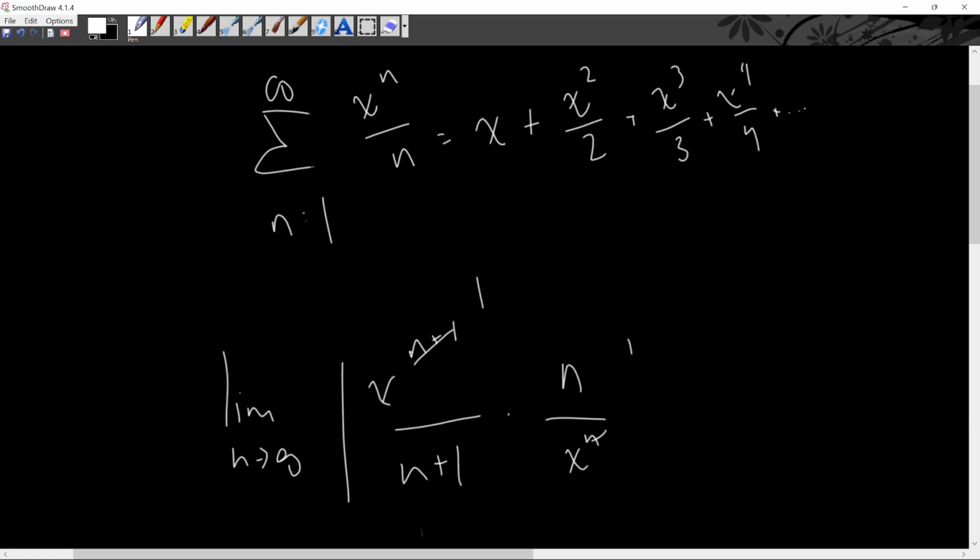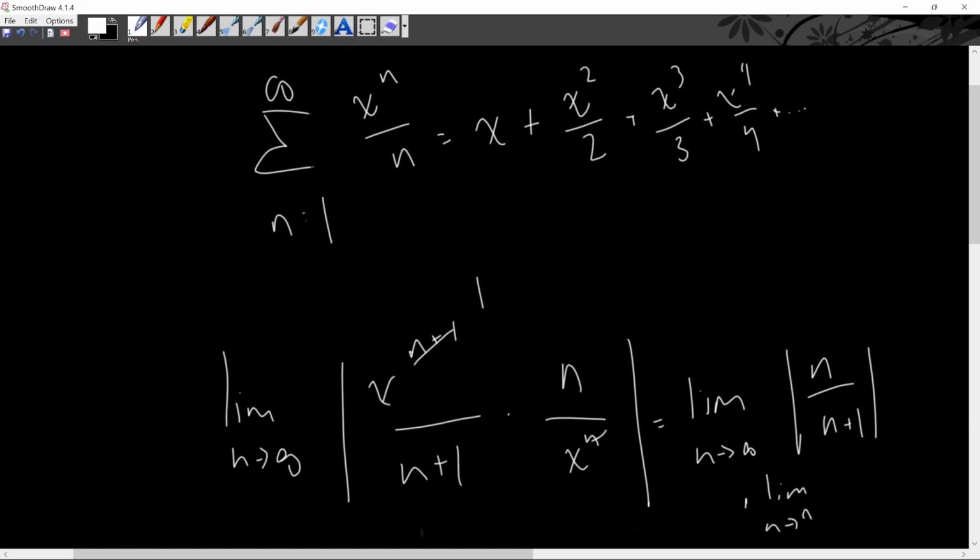And then we can separate this absolute value of x from the limit as n approaches infinity of this n stuff, so that we have a nice and simple limit as n approaches infinity of n over n plus 1 times the limit as n approaches infinity of just the absolute value of x. So this one, of course, is just going to be 1.